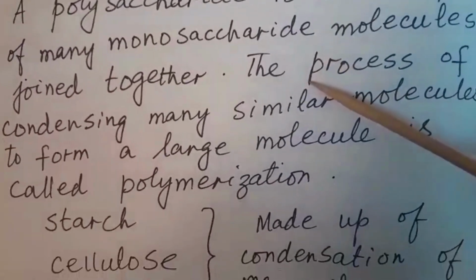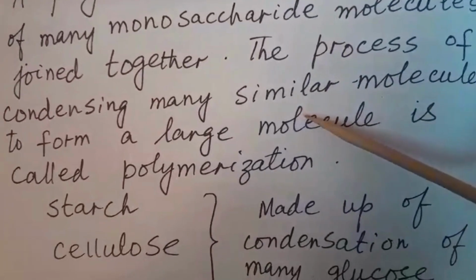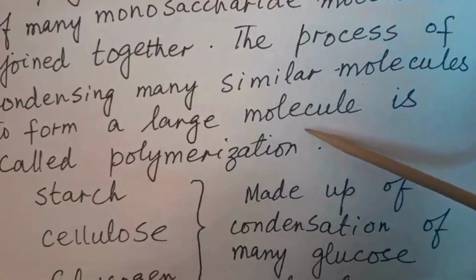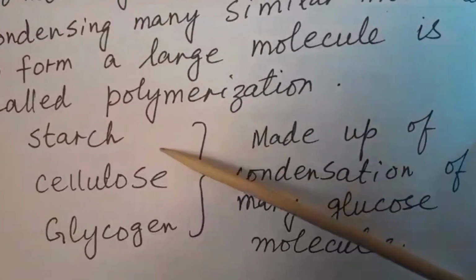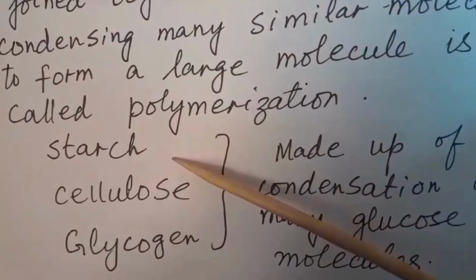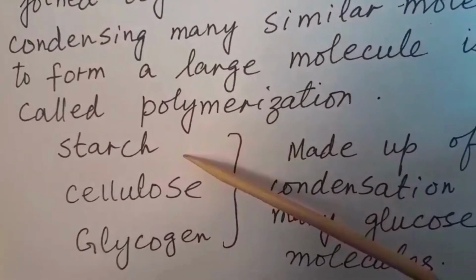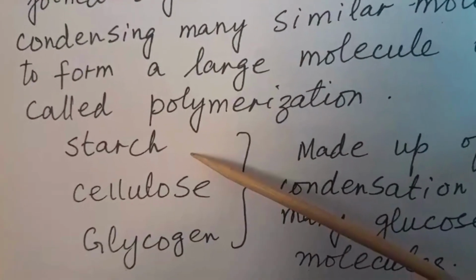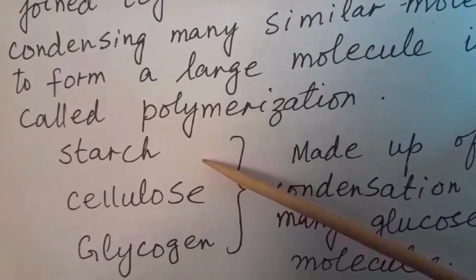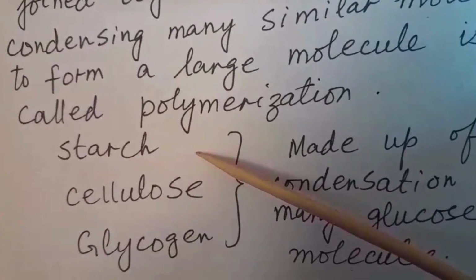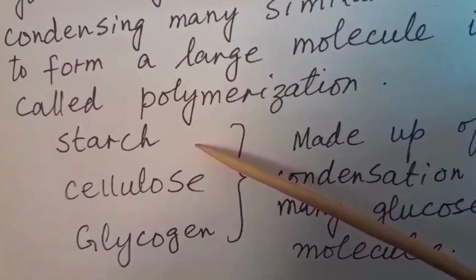The process of condensing many similar molecules to form a large molecule is called polymerization. Polymerization takes place in plants when many glucose molecules, glucose being the product of photosynthesis, polymerize to make the molecule of starch.